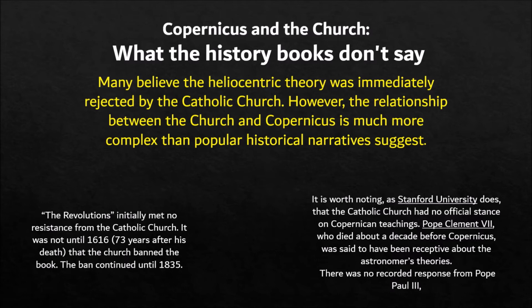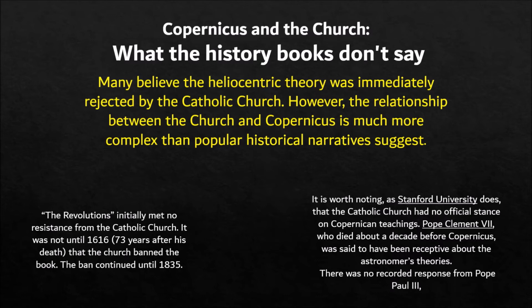When the Revolutions was initially published, it met no resistance from the Catholic Church. It was not until 73 years later that the church banned this book. And then the ban was lifted in 1835.